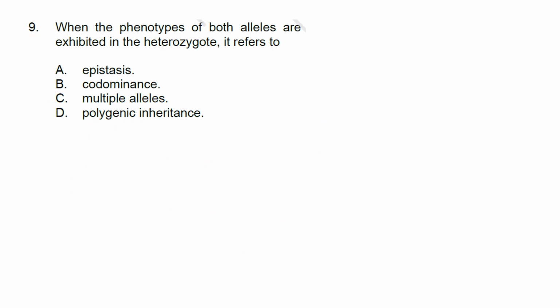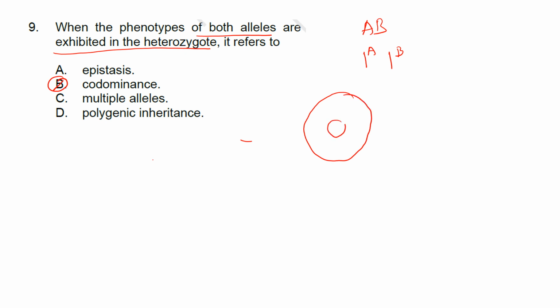Question number 9. When the phenotypes of both alleles are exhibited in the heterozygous, it refers to codominance. For example, a person of blood type AB, so the genotype is IA IB. Both of these alleles will be expressed in the individual. So the red blood cell of that person will have both the A antigen and also the B antigen on its surface.